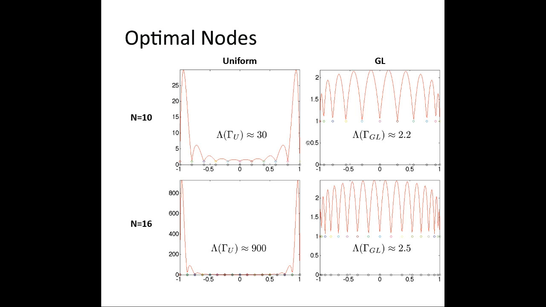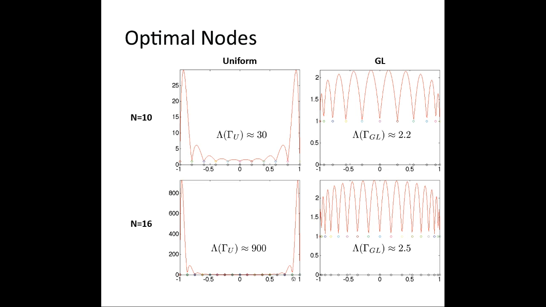So if we look at this error, we can see that for uniform sampling, the error outside of the interpolating nodes is much higher than for the Gauss-Lobato approximation scheme.